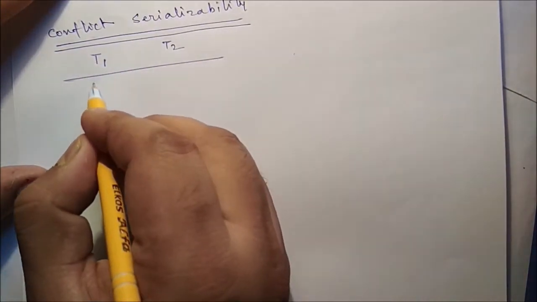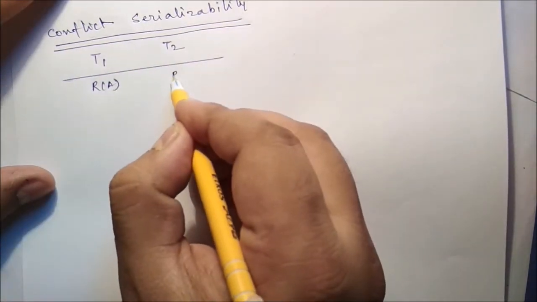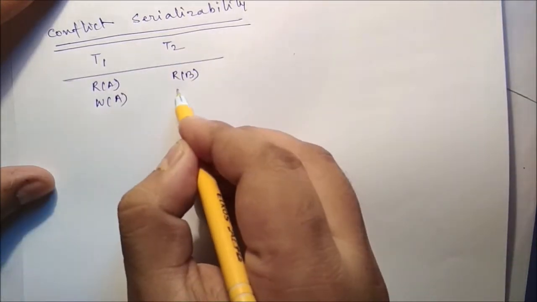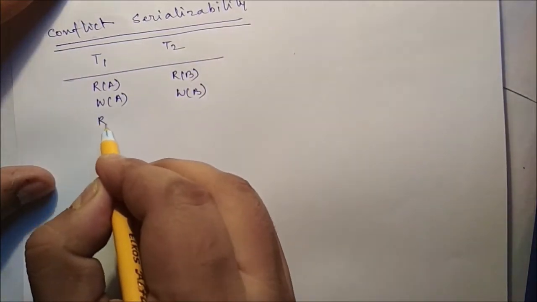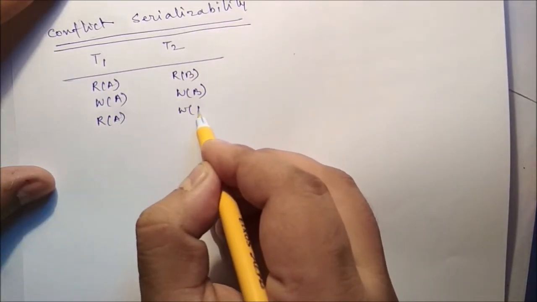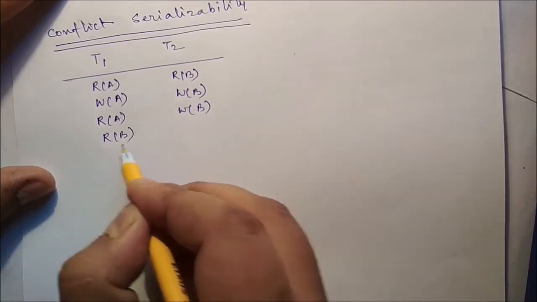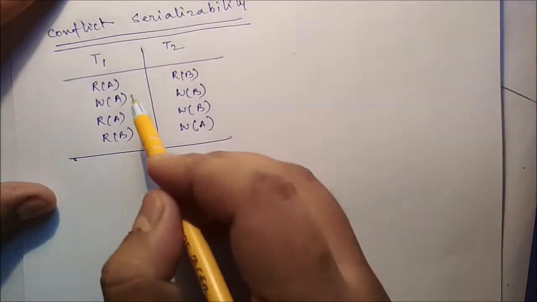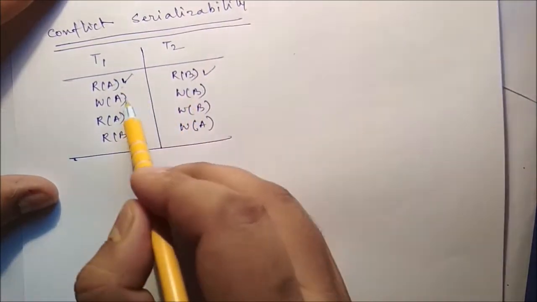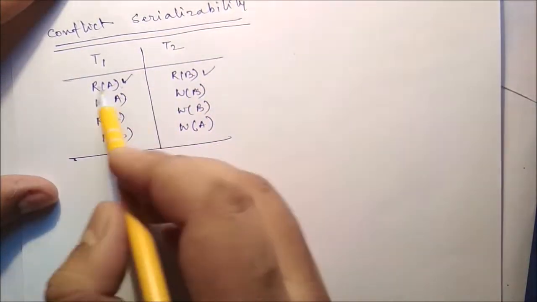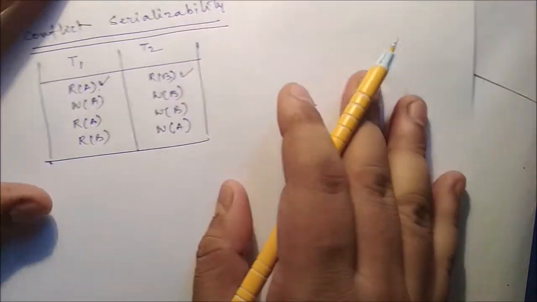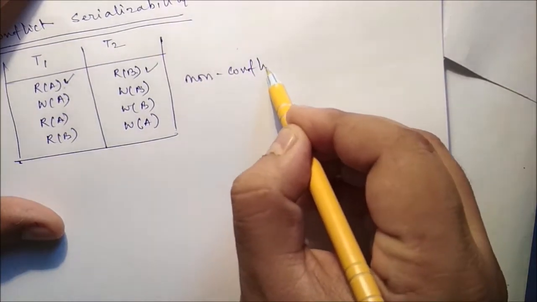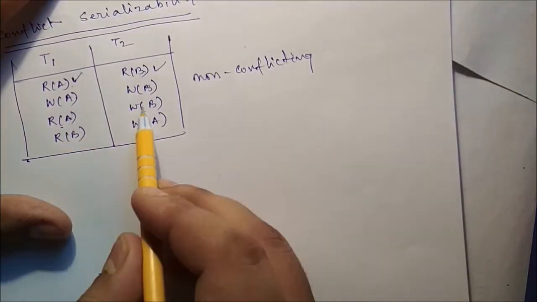Suppose we have read A, read B, write A, write B, or read A, write B, read B, write A. Here two transactions are there, and the variables are different: A, B, A, B, A, B, B, A. That means these operations are non-conflicting, because the variables are different.